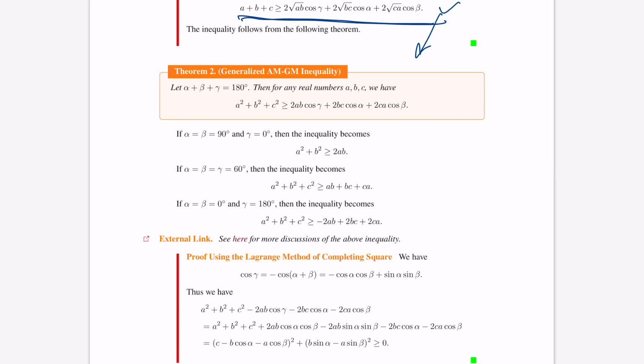Okay, so here is the proof. Essentially, we will make use of the assumption that alpha plus beta plus gamma is equal to 180 degrees. Using the same method, I rewrite cosine gamma in terms of negative cosine of alpha plus beta, and then I expand it.